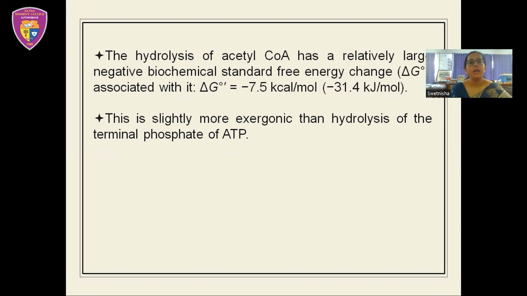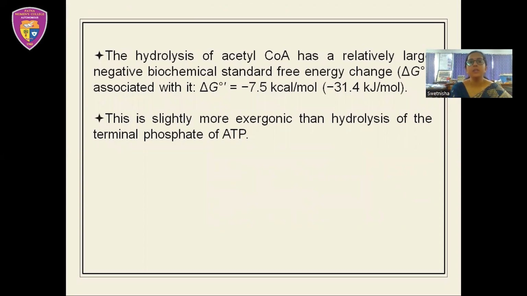You can see here, if you remember from the previous slides, that when ATP is converted into ADP, minus 7.3 kilocalorie per mole of energy is released. But here, when acetyl coenzyme A is broken, the standard free energy change is minus 7.5 kilocalorie per mole. So definitely these thioesters have much higher energy than ATP.